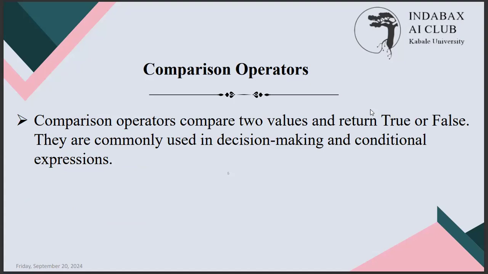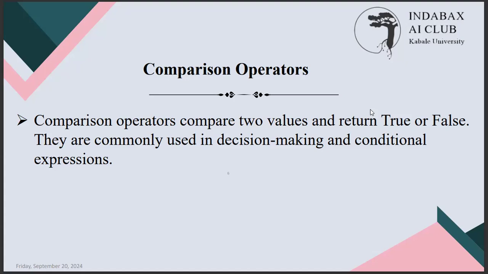So, what are comparison operators? These types of operators are used to compare two values and return true or false. Not necessarily two values, they can compare more than two values, even three or four. Two or more values can be compared using comparison operators.